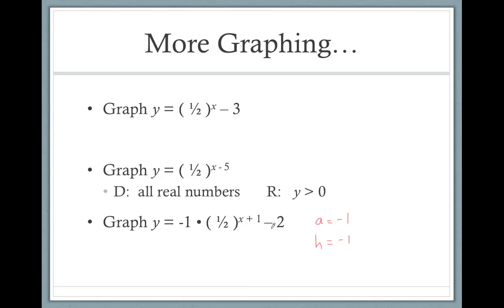And then we have this extra -2 out here at the end, so that's going to be a k value, and that k is going to be -2. So what does the a of -1 tell us? It tells us that our graph is going to have to reflect through the x-axis. The h of -1 tells us it's going to move to the left 1 unit. And the k of -2 tells us it's going to move down 2 units.